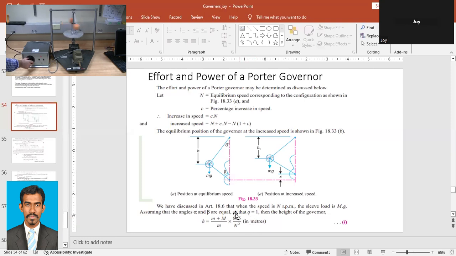So q is equal to 1, because we don't need the complex portion for now. So consider alpha equal to beta, which means q is equal to 1. If alpha is not equal to beta, then we will have a 1 plus q here. So we know this is the equation for a Porter governor.